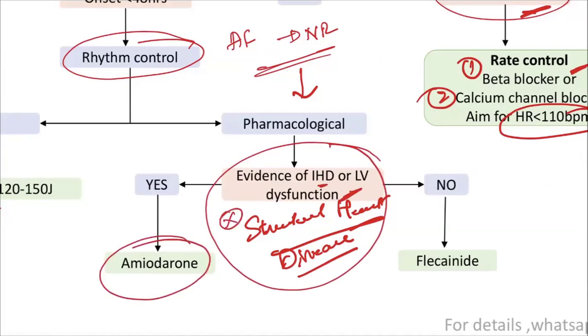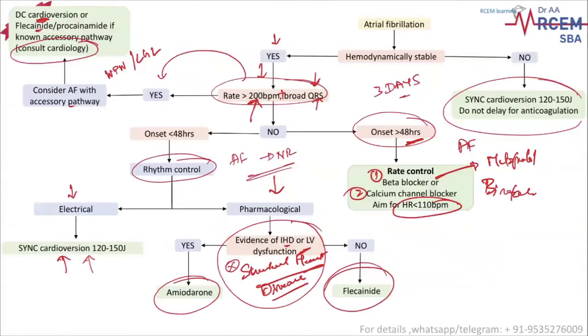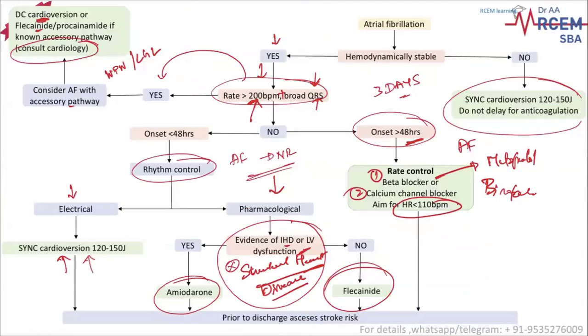If none of this is mentioned in your stem, then pick flecainide. After this, when you admit, you need to always do a stroke risk assessment. Okay, this is the atrial fibrillation management.